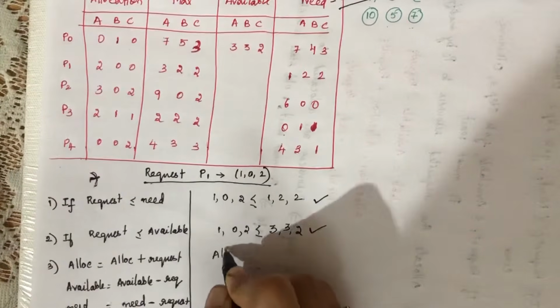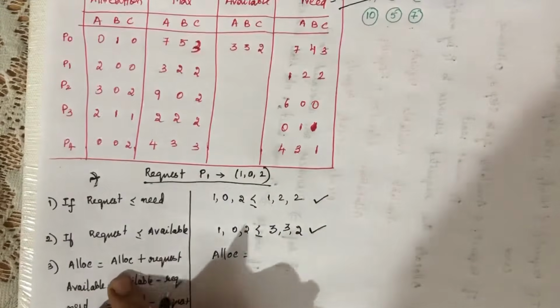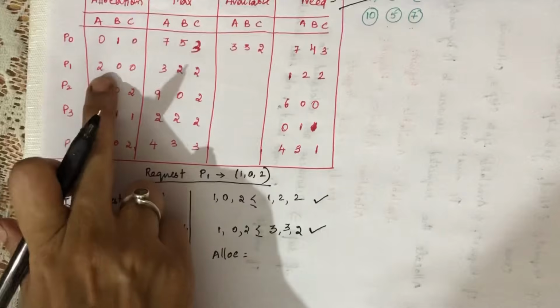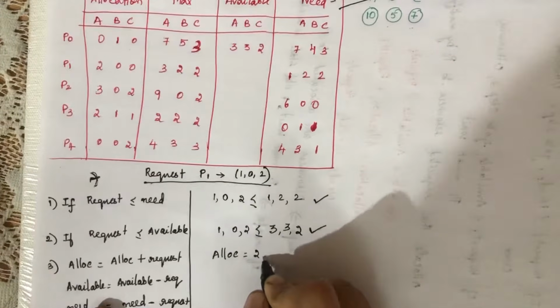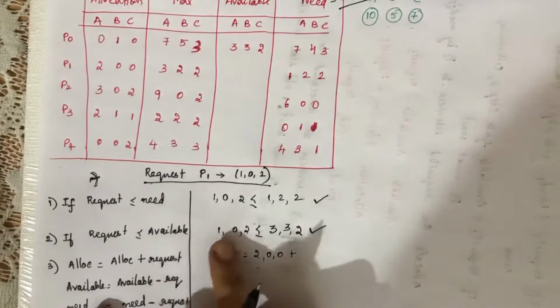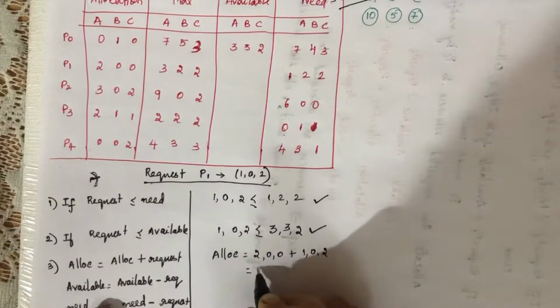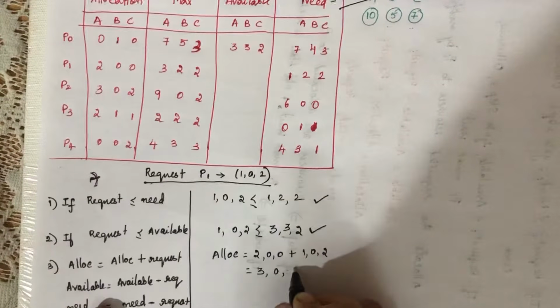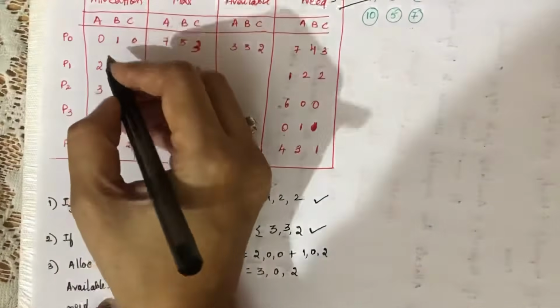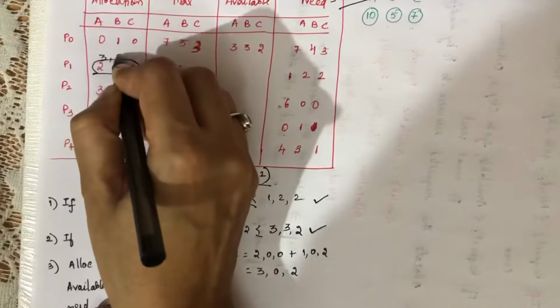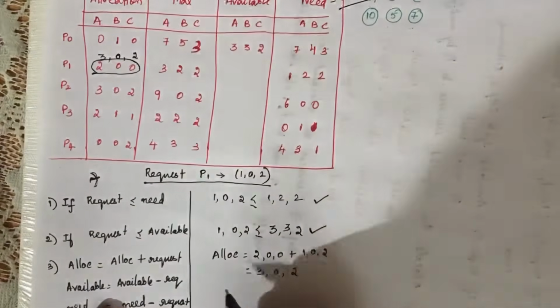The allocation value will become allocation plus request. What is the allocation value for process P1? It is 2, 0, 0. So 2, 0, 0 plus request value 1, 0, 2 will be 3, 0, 2. So this will become 3, 0, 2. Next is available.